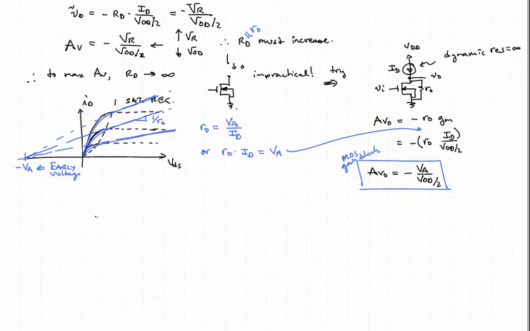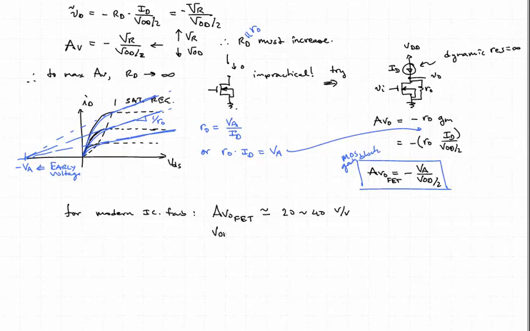Now for modern IC fab, AVO FET, achievable AVO FET is in the range of 20 to 40 volts per volt.